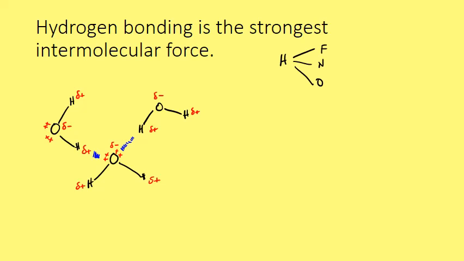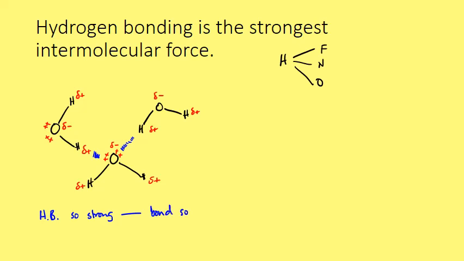And just to reiterate, the hydrogen bonding is so strong compared to other intermolecular forces. Of course, it's not strong compared to a covalent bond, but hydrogen bonding is so much stronger than the other types of intermolecular forces for two reasons. One is because the bond is so polarized. So in this case, it's the oxygen hydrogen bond.